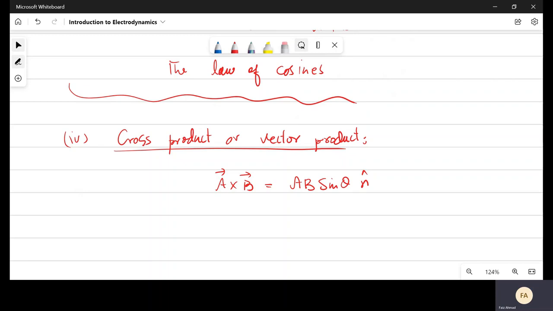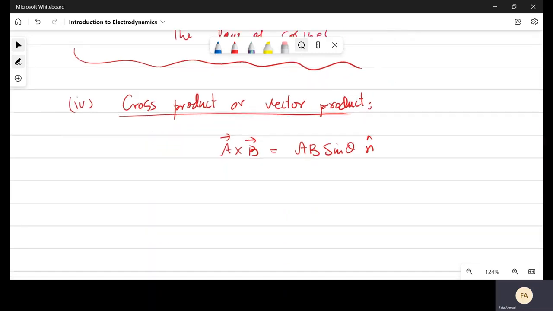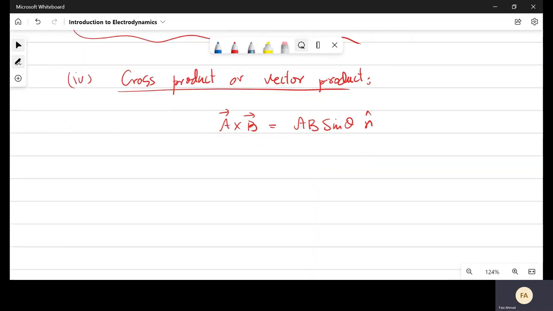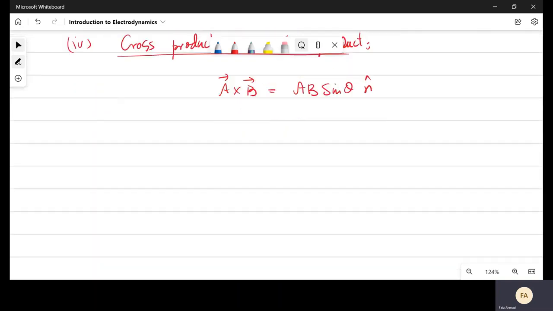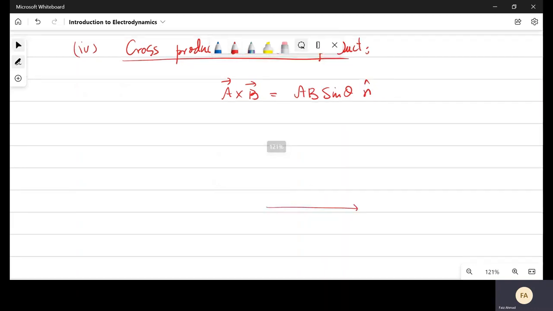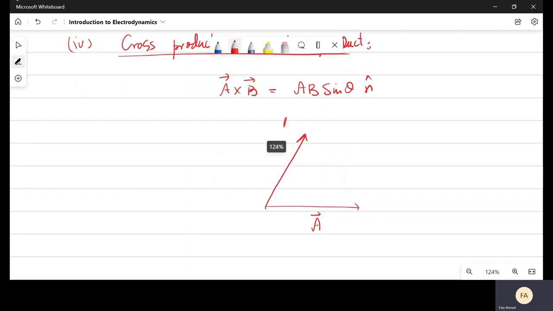So n is a unit vector, which, we already said, has magnitude 1, and the direction of this n unit vector is perpendicular to the plane of A and B. So if we have two vectors, vector A, vector B, they form a plane, and the normal to that plane is the direction of the cross product.